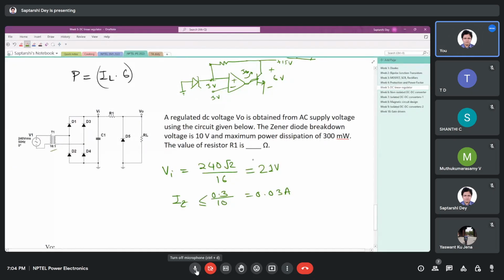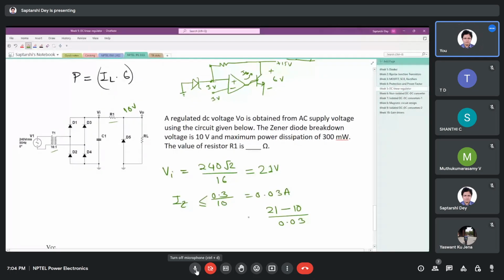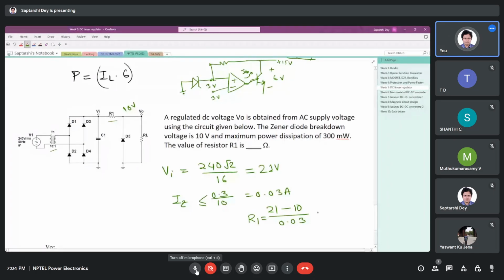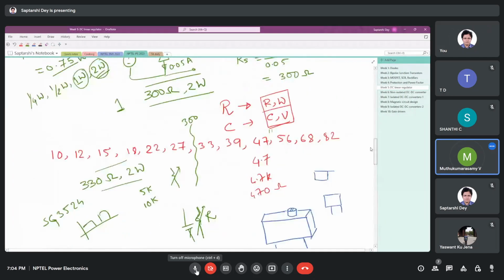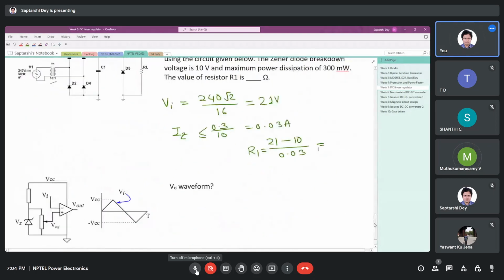So value of R1: the Zener voltage is 10, so it is 21 volt minus 10 volt by 0.03, isn't it? Same as what we did. 366.